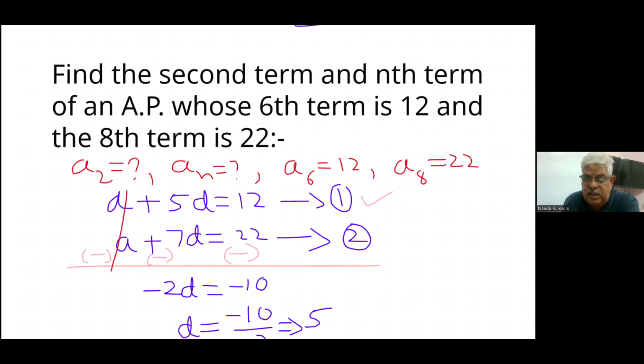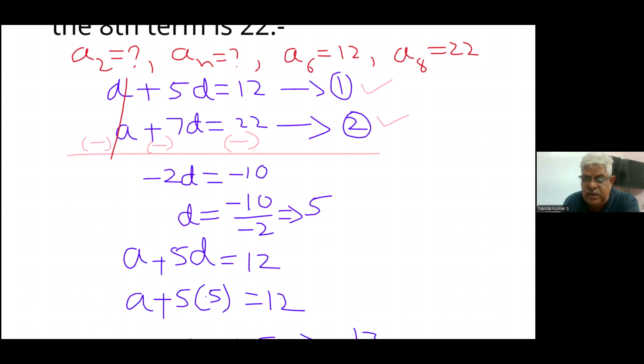Now you change the sign of the subtrahend, all the terms you change to minus. Plus A and minus A get cancelled. 5D minus 7D gives you minus 2D equals 12 minus 22 gives you minus 10. Now D equals negative of 10 divided by negative of 2, which gives you plus 5.